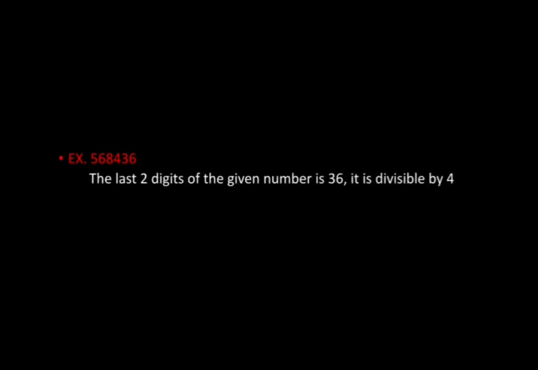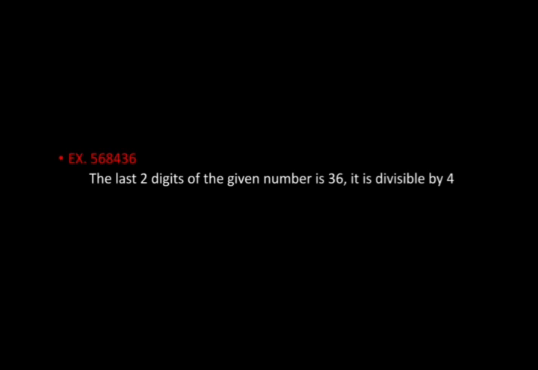The last two digits are nothing but the ones place and tens place. Here the number is 36. Now, do we get 36 in the 4 table? Yes, 36 is divisible by 4. 4 nines are 36.